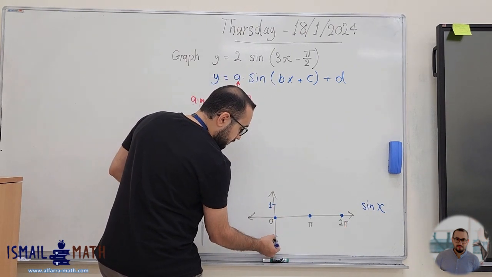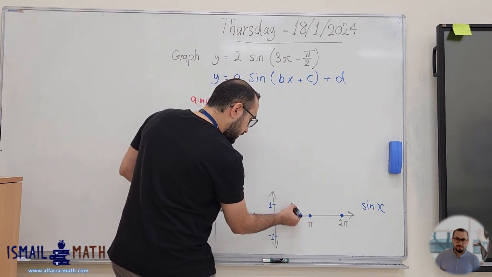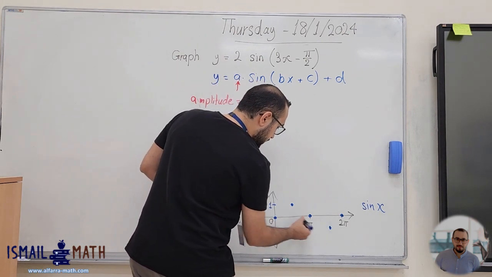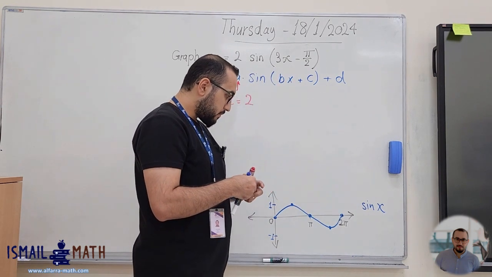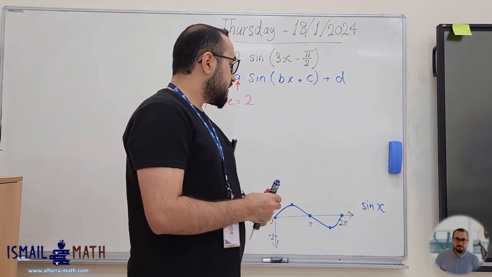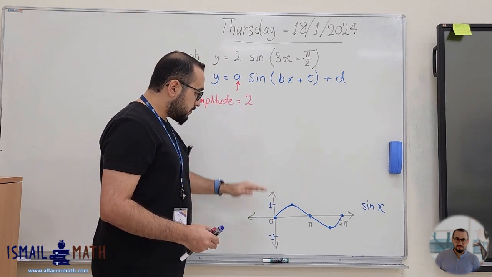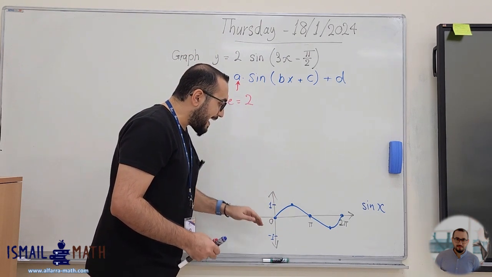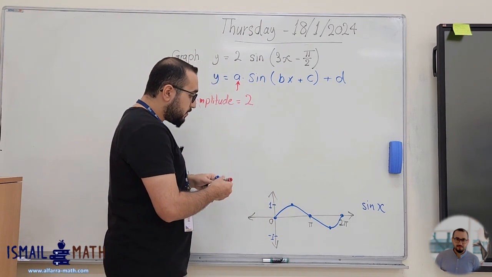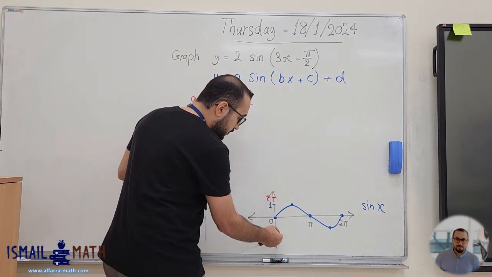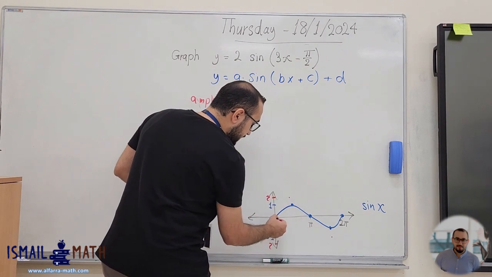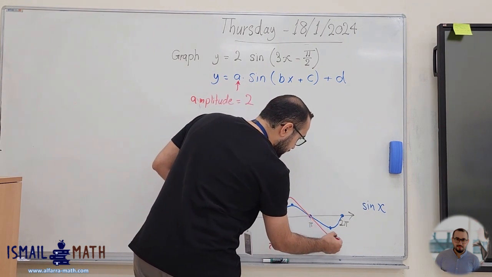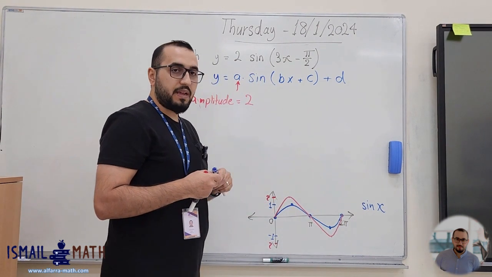This is my sine x. The amplitude controls the y-axis. If the amplitude is 2, then these points should be 2 and -2, so my function will be the same, except it goes further up and further down.